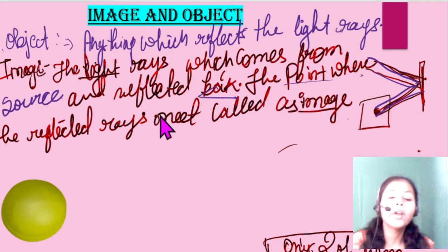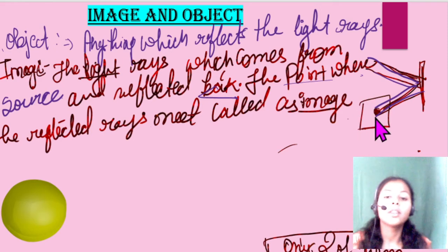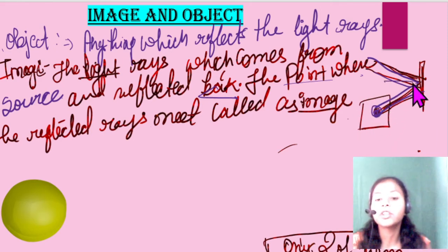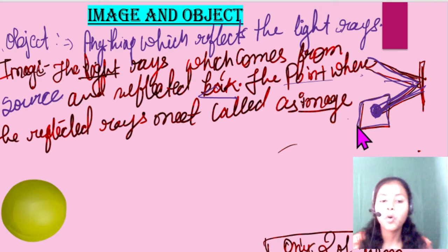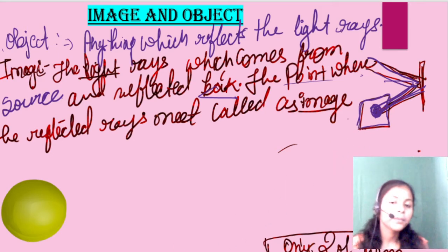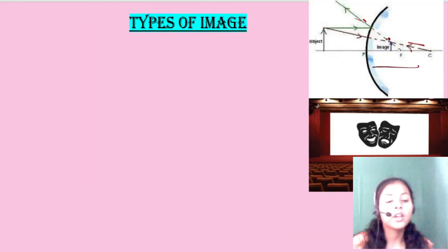The point where these reflected rays meet is called the image, or there is the formation of image at that point. So I hope you all have understood about image and object.